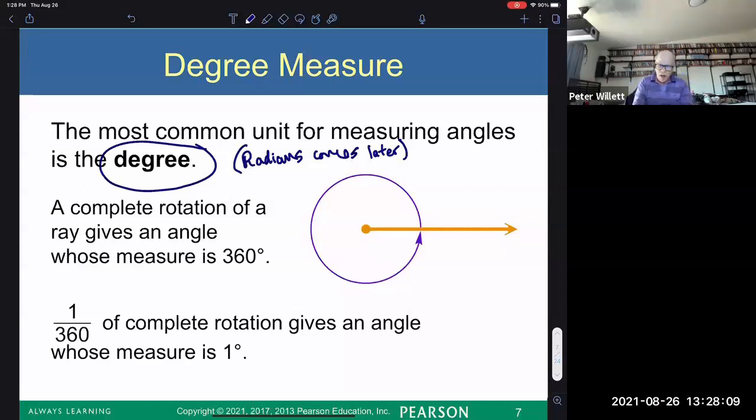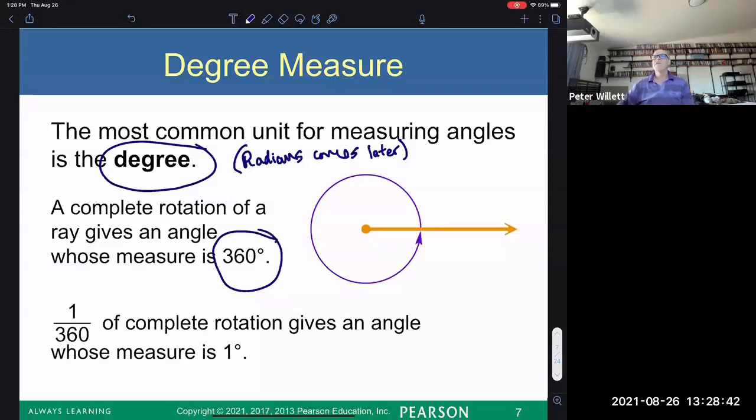So in this case, we're not seeing 2 rays here because the initial ray came all the way around and landed right back on top of itself. So the terminal ray and the initial ray are now overlapping each other. But the purple arrow is supposed to show us that they did rotate all the way around to make that happen. And so one complete counterclockwise rotation all the way back to where you started produces a measure of 360 degrees.